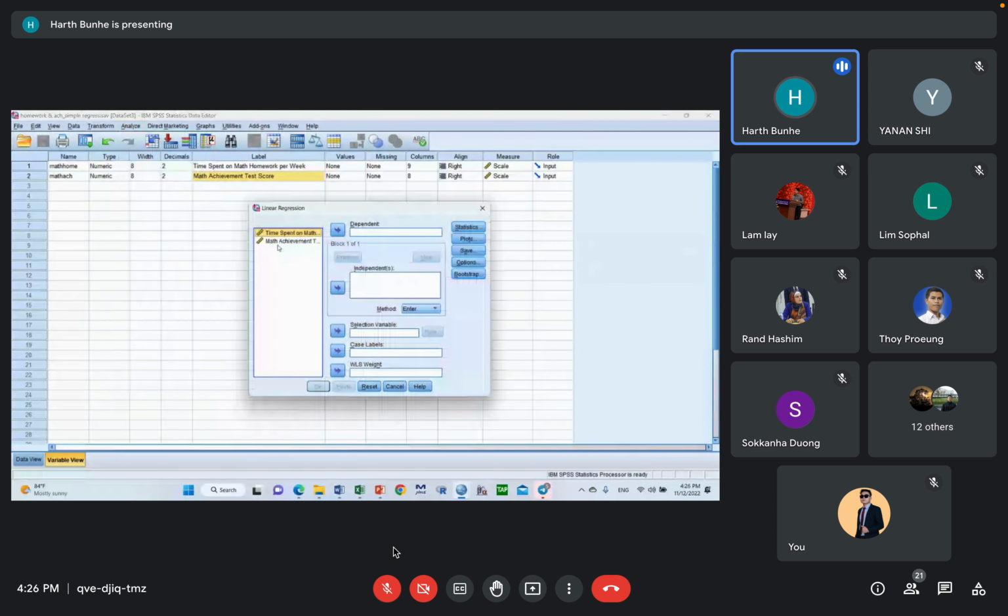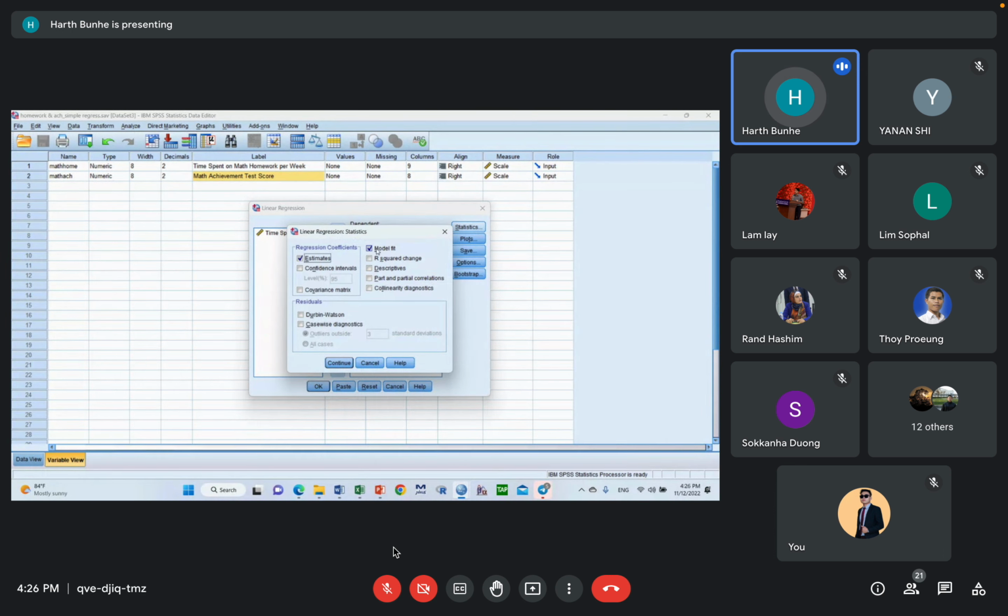And then what is dependent and what is independent? Ren already told me that math achievement is dependent and time spent on homework is independent. If you want to see some descriptive statistics, you go to statistics here.